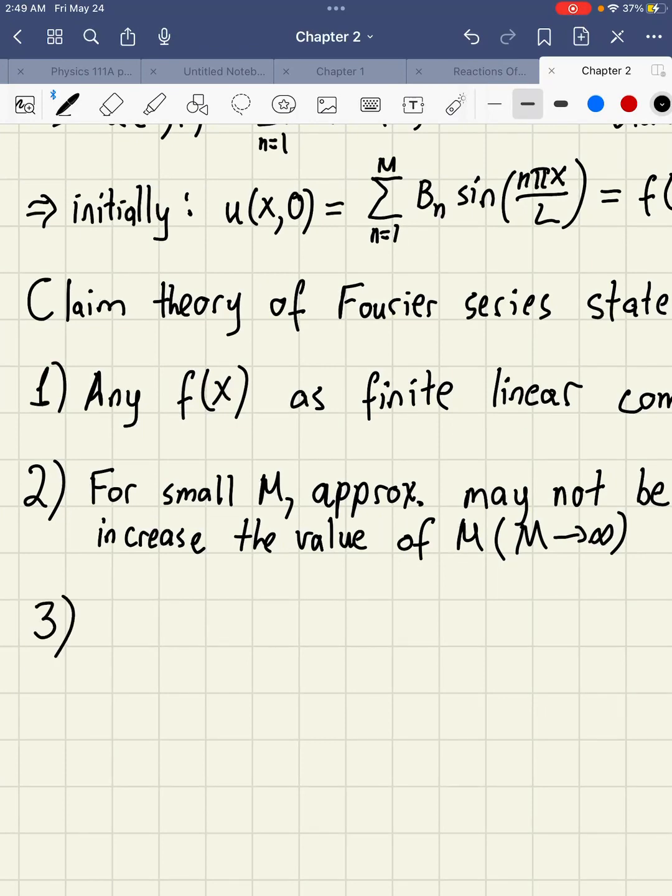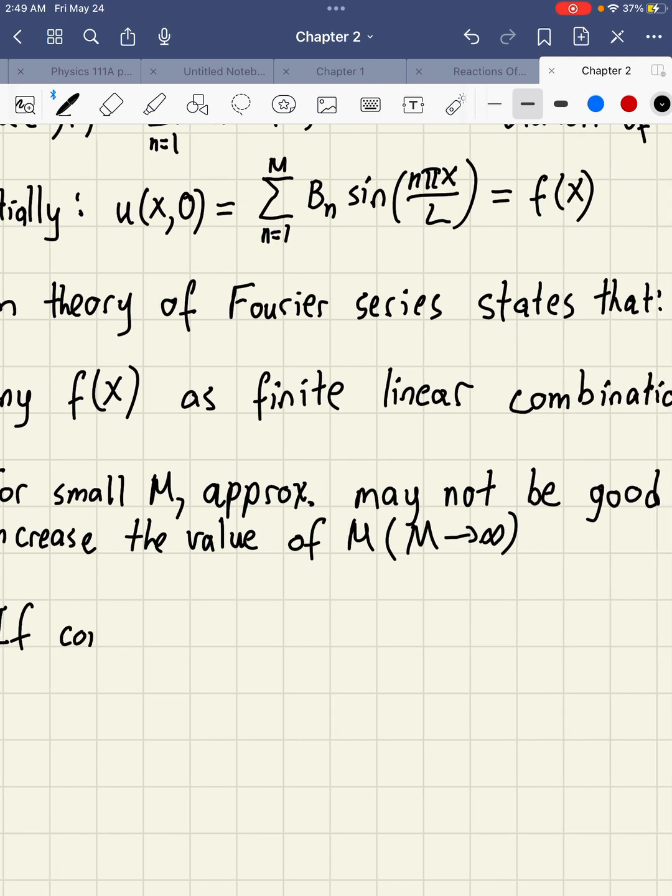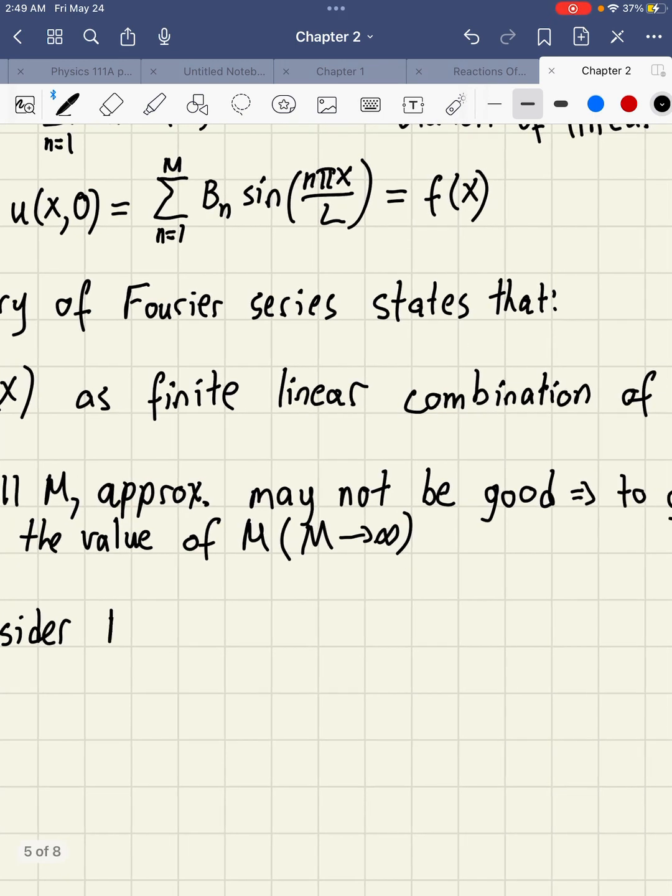And lastly, consider m approaching infinity.